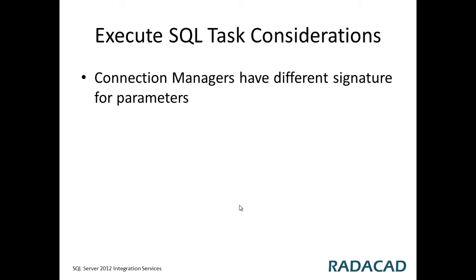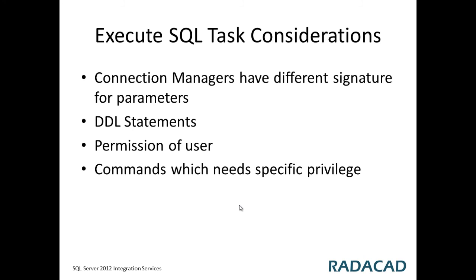I will show you a table of that. When you work with DDL statements, you need to create your statement dynamically with some kind of expression. I will talk about this in future videos. You need to be careful about the permission of the user. The user who runs the package should have enough permission to run that SQL statement.